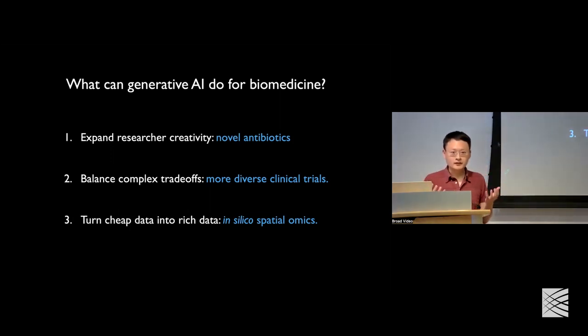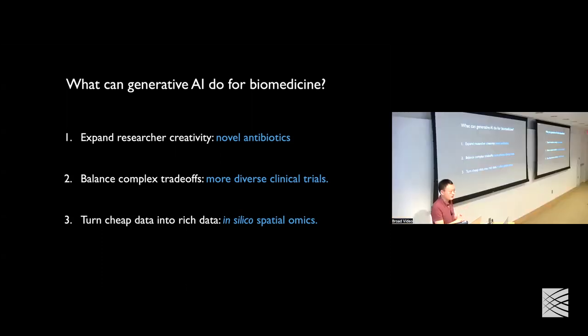Often clinical trials involve some of the most complex trade-offs you have to balance, so these models end up being very useful. And the third one is this idea of in silico spatial omics, how to computationally generate synthetic data corresponding to spatial transcriptomics and spatial proteomics using these approaches. And like before, feel free to interrupt and ask questions.